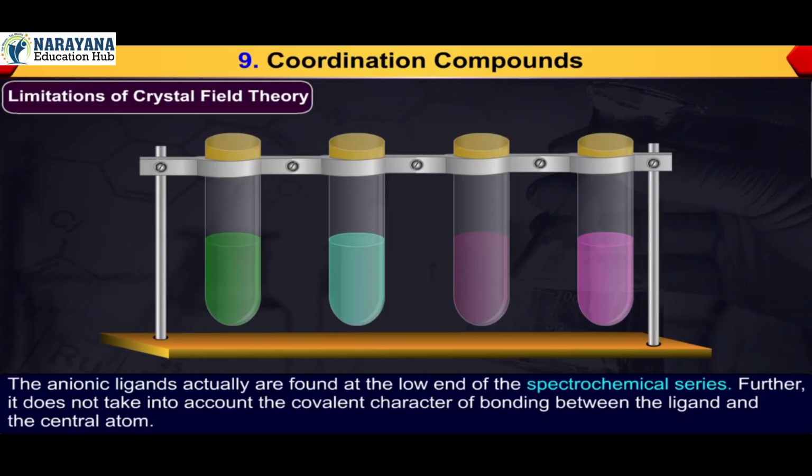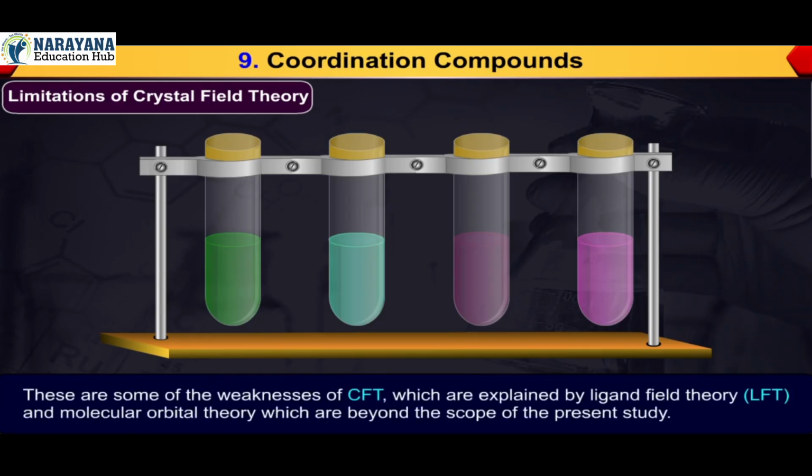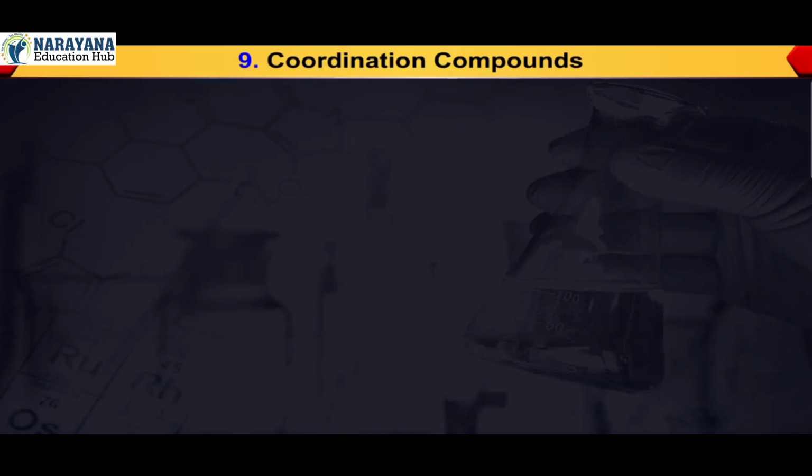The anionic ligands actually are found at the low end of the spectrochemical series. Further, it does not take into account the covalent character of bonding between the ligand and the central atom. These are some of the weaknesses of CFT, which are explained by ligand field theory, that is LFT, and molecular orbital theory, which are beyond the scope of the present study.